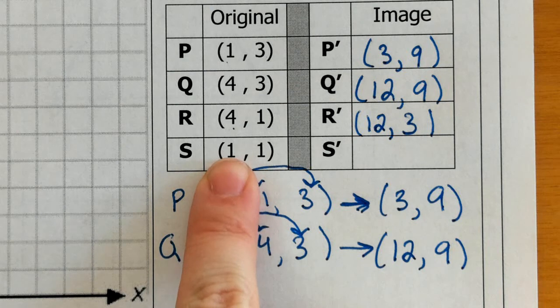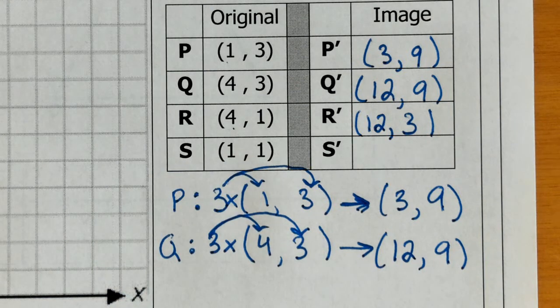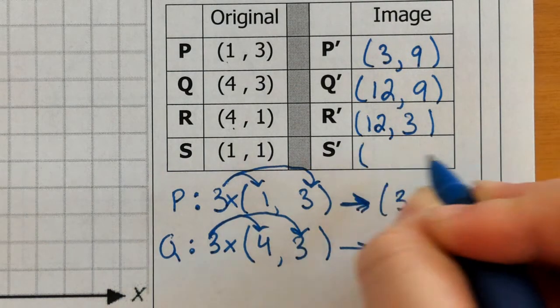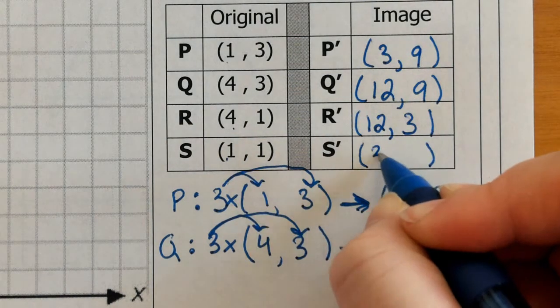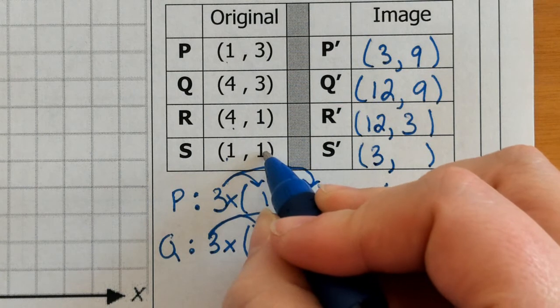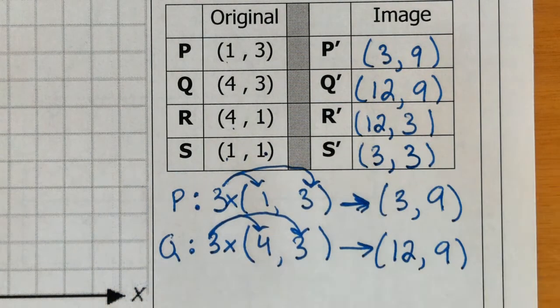And so what about S? 1 times 3 is 3. 1 times 3 is 3. And so now we have our ordered pairs for our image.